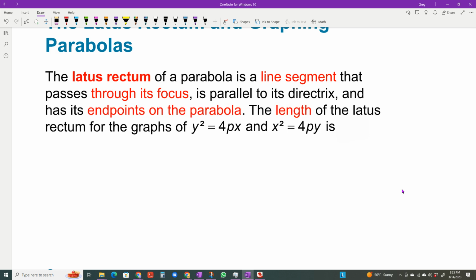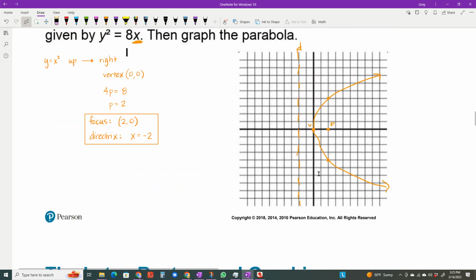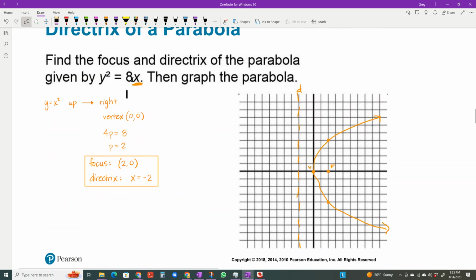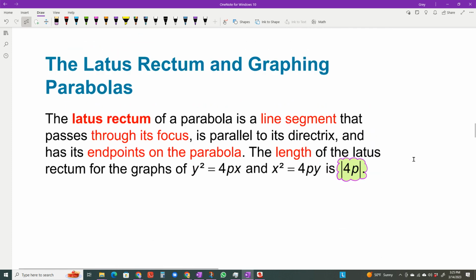And the length of that latus rectum is always the absolute value of 4p. They say absolute value because it's a distance. The length can't be negative, but the negative just tells you which way it opens. So what I just did, this right here is the length of your latus rectum, and it's got to go through the focus, and its endpoints are on the parabola. So it makes it an easy way to graph.